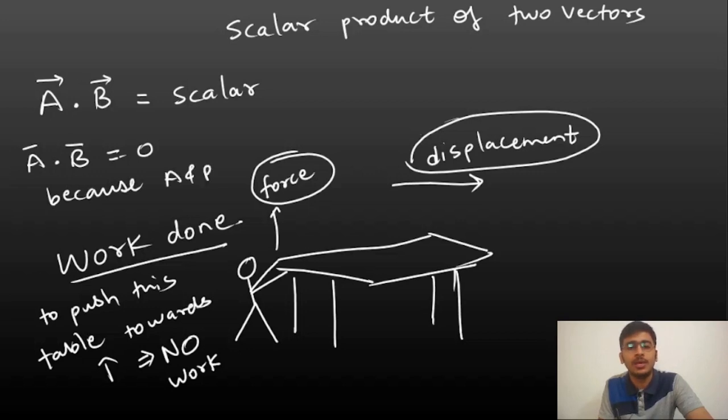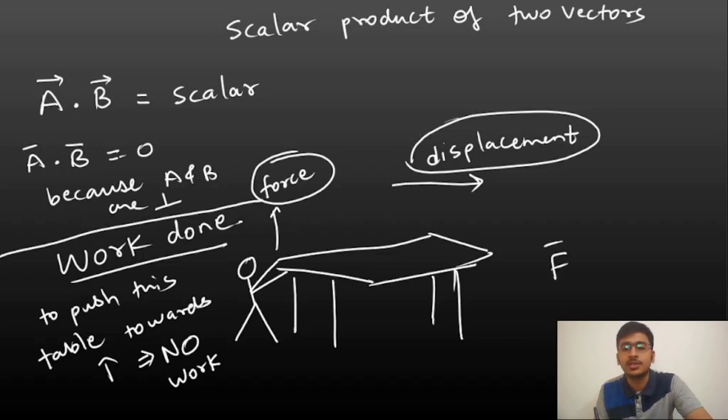A and B are perpendicular. So work done is 0. I can write: force is perpendicular to displacement, therefore no work. The dot product is there, but the dot product is 0.